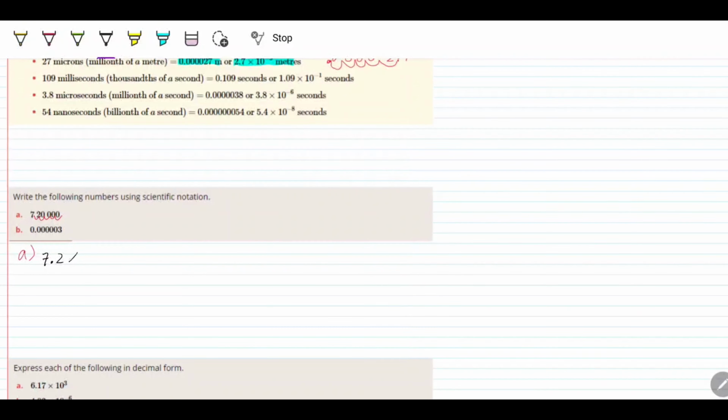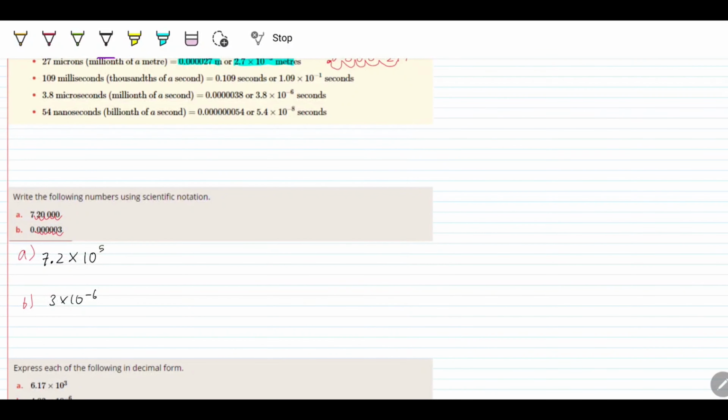So that's 7.2 times 10 to the 5. With the second example, B, we have 0.00003. How many times do we need to go across on this side? 1, 2, 3, 4, 5, 6 times. So this becomes 3 times 10 to the negative 6.